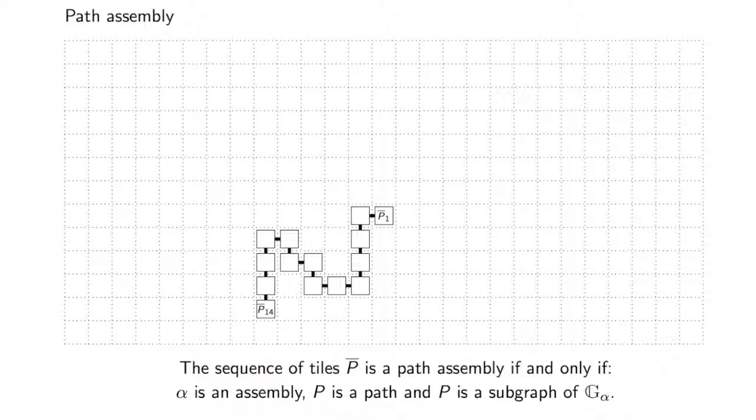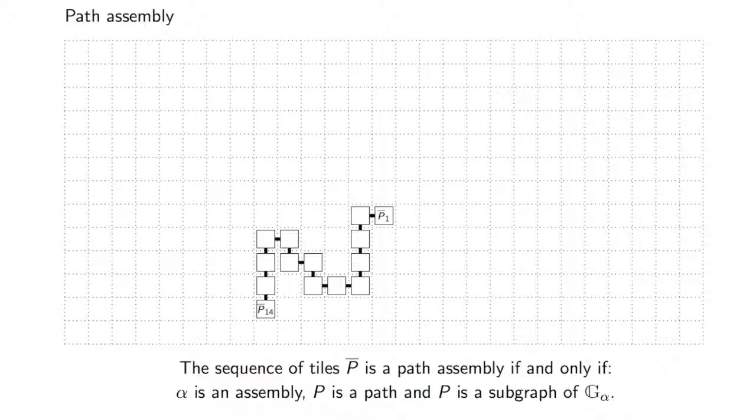Finally, a sequence of tiles P is a path assembly if and only if four conditions are met. First, P is consistent and thus the partial function alpha associated to P can be defined. Secondly, the partial function alpha is an assembly. Thirdly, the underlying path of P is a path. Fourthly, the underlying path of P is a subgraph of the binding graph of alpha.